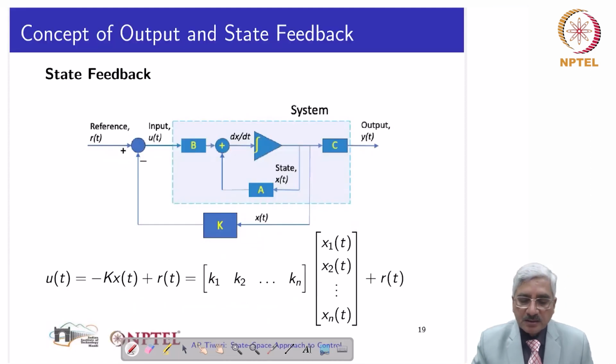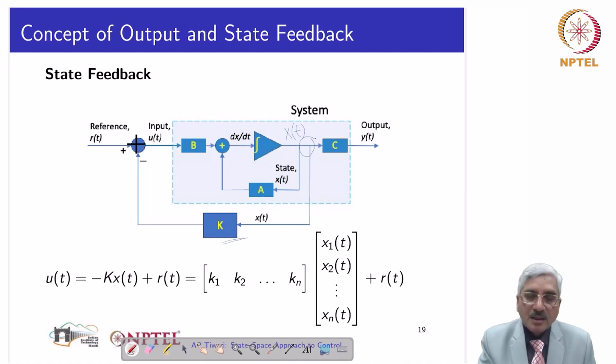The state feedback system looks slightly different. Here we tap the states. This is the state of the system x(t). In this case we tap the states, and the states, through a feedback gain matrix K, are brought to the input terminals.